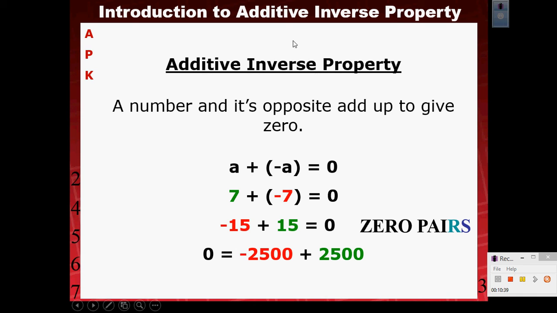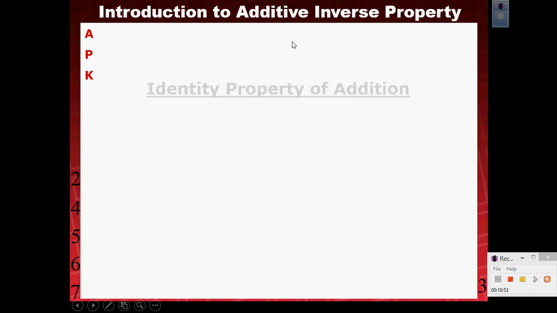Okay, the second property that we're going to work with today is called the identity property of addition. How does that look? Now, look at these words. Some of you in the past just wrote down stuff. You didn't really pay attention to what it meant. Do we know what the word addition means? Yes. Do we know what property is?